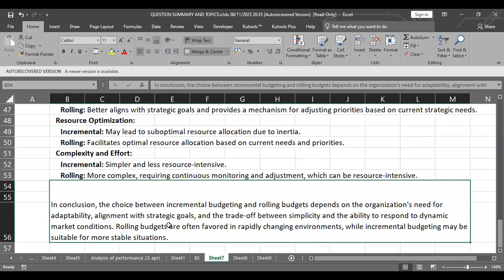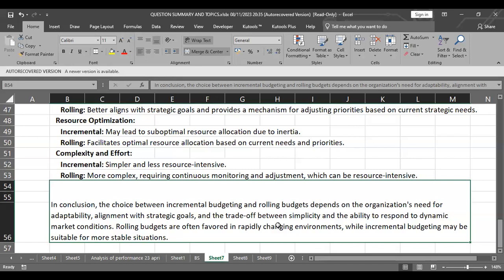But rolling is for anything that is changing rapidly and frequently, meaning it is for the short term. If something is changing rapidly, like in one quarter, then a rolling budget is believed to be suitable for that. So what's the difference between these?